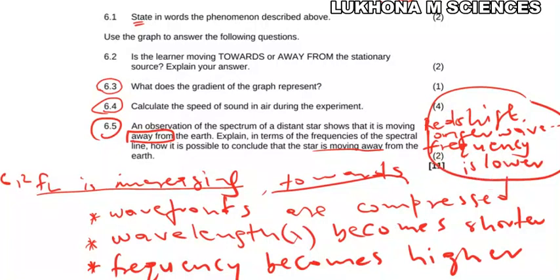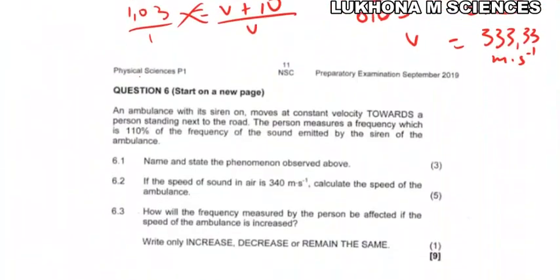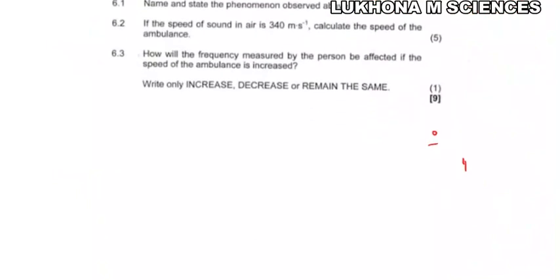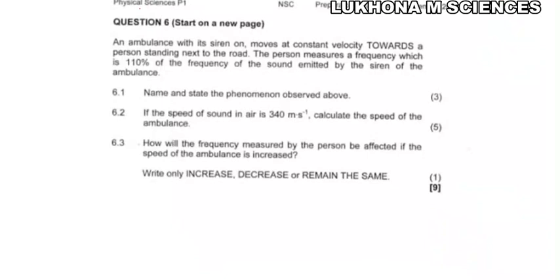Let's go to another question. This is my last question. An ambulance with a siren on is moving at a constant velocity towards a person standing next to the road.